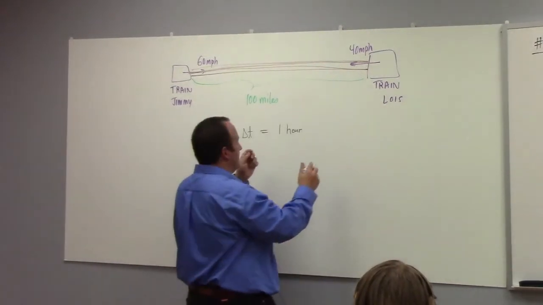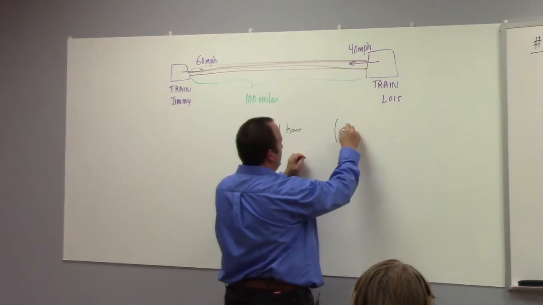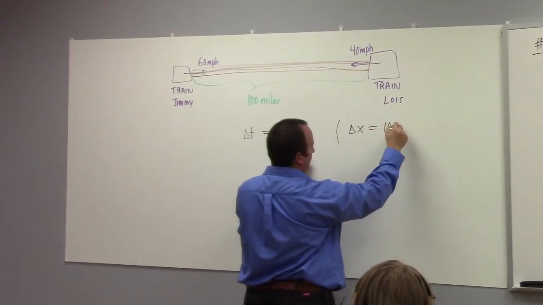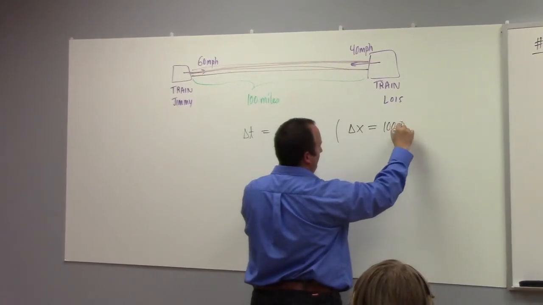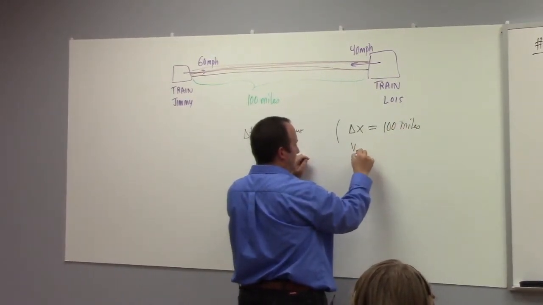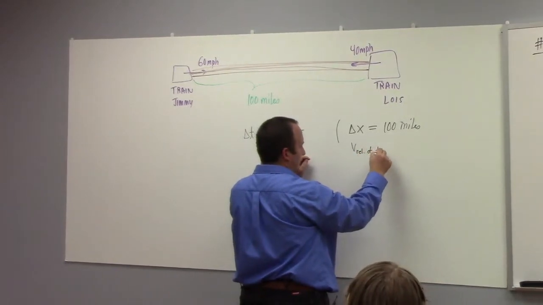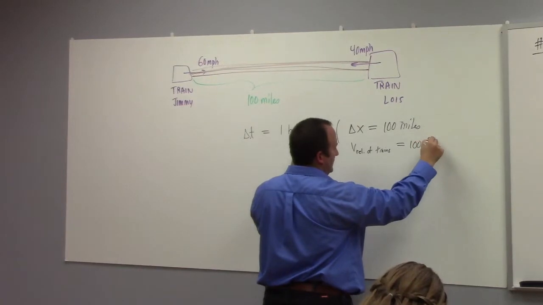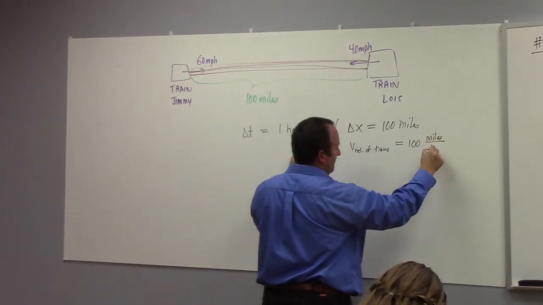We determined that because the delta x was equal to 100 miles, and the relative velocity of the trains was 100 miles per hour.